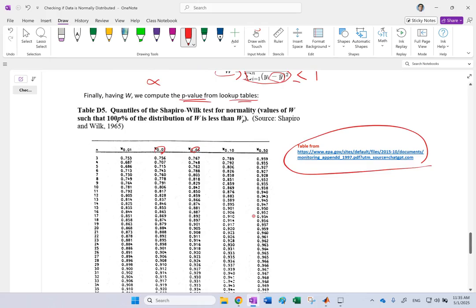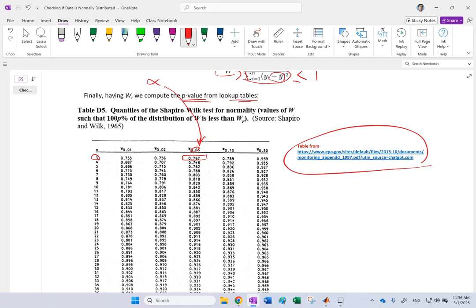But how can I use this table? For this table, I have n of 3, and if I use a 0.05 significance level, alpha of 0.05 in this case, then the number that I need W to be at minimum is 0.767.